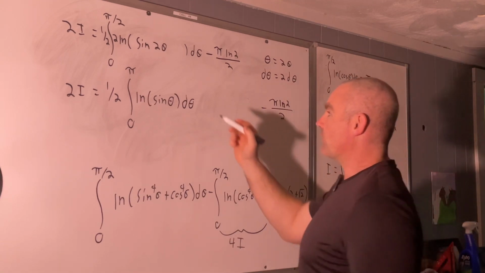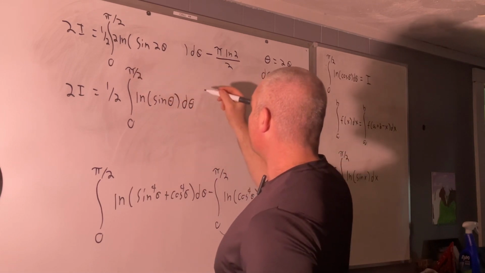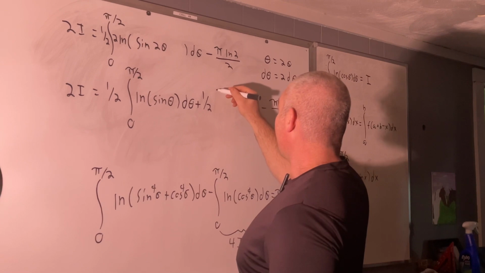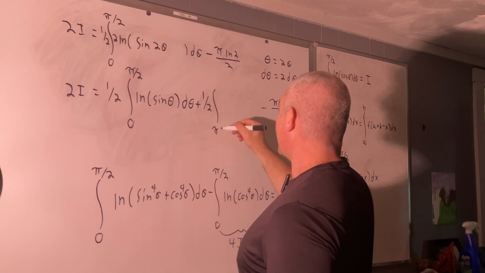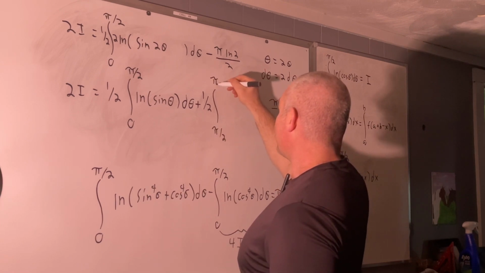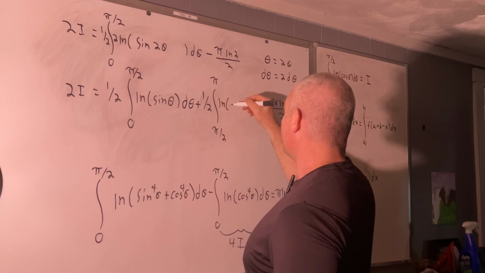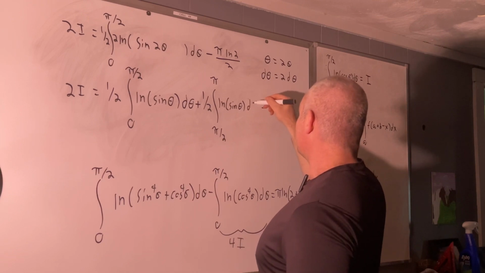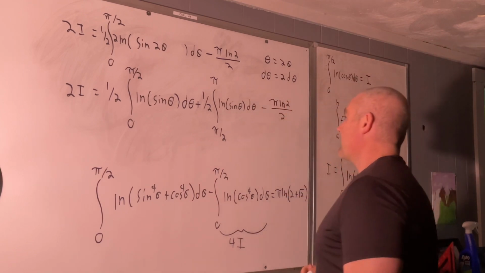So the first integral will be going from 0 to pi over 2, and then we need plus 1/2 the integral going from pi over 2 to pi of the same thing, natural log sine phi d phi.